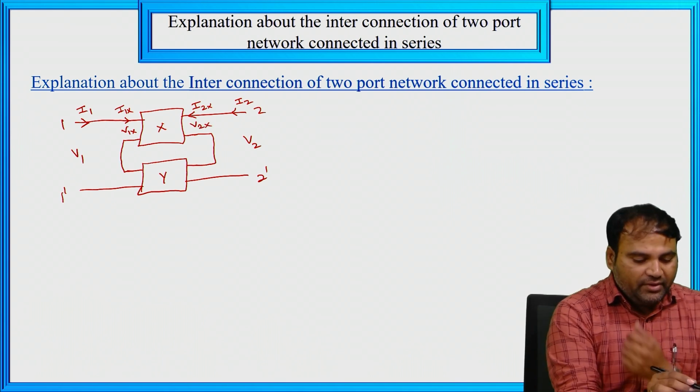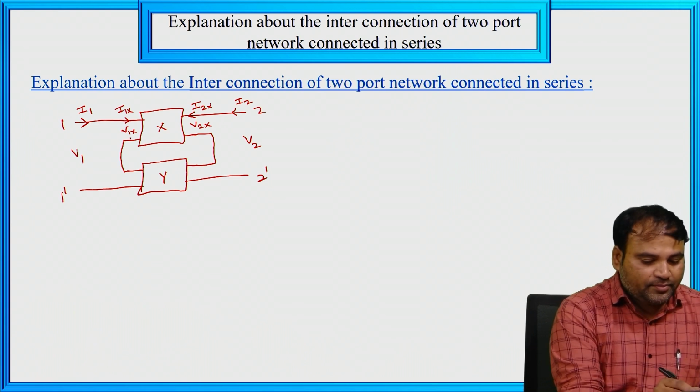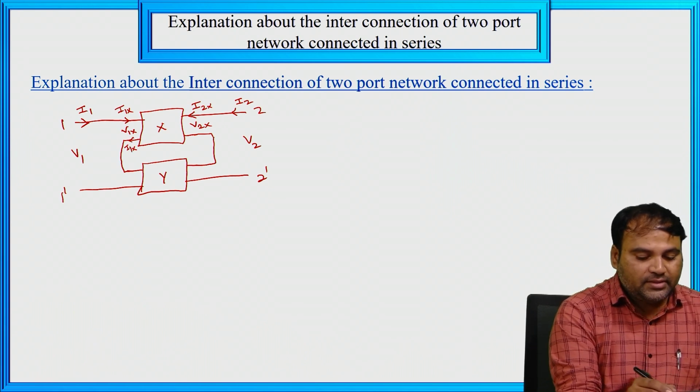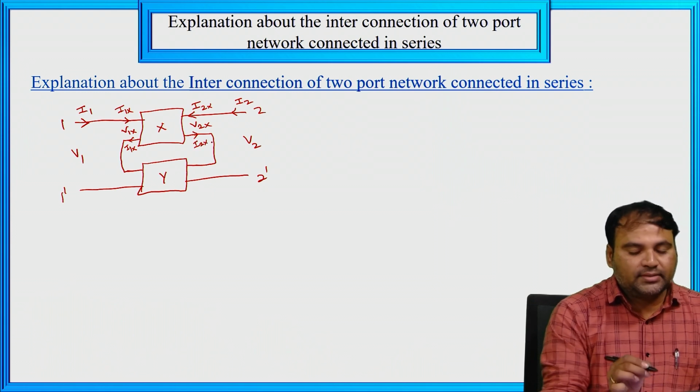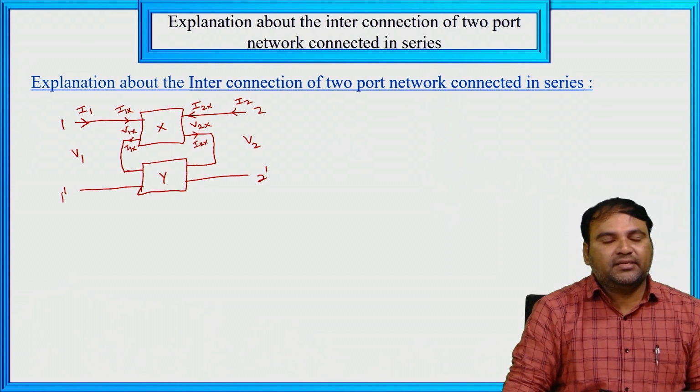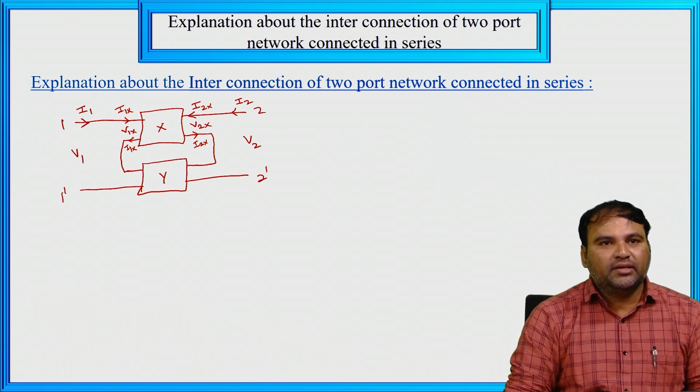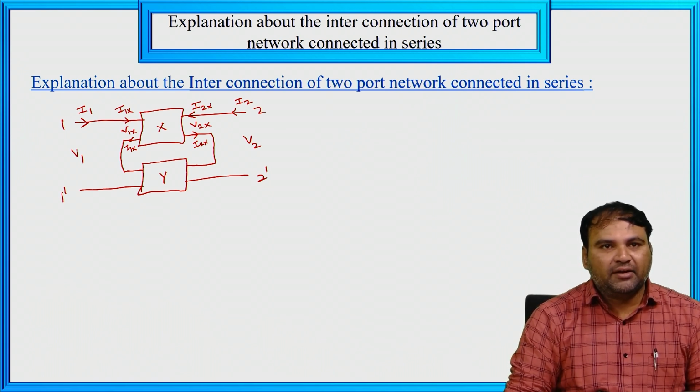The same current I1 is leaving here, so this current is also I1X, and the leaving current here is I2X. So for the X network, the input voltage is V1X, input current is I1X, output voltage is V2X and output current is I2X.